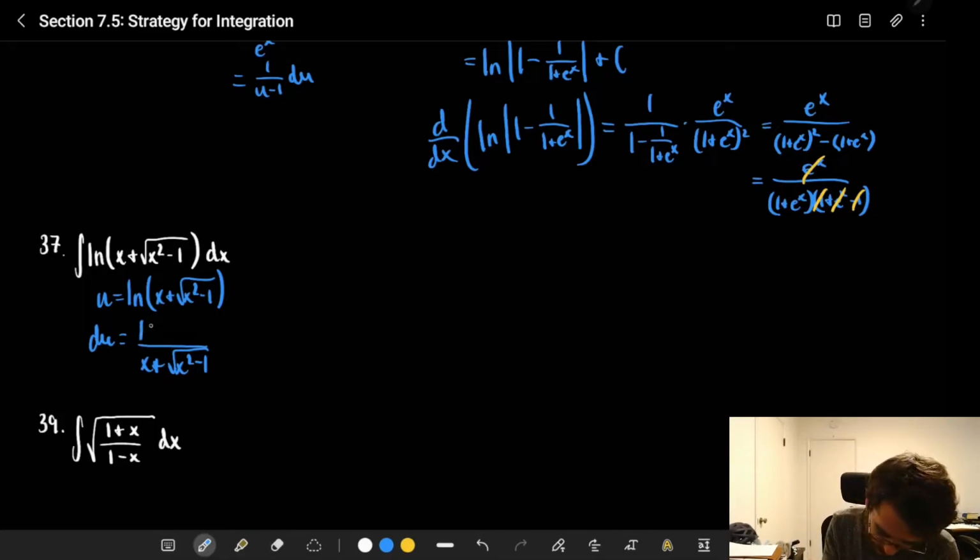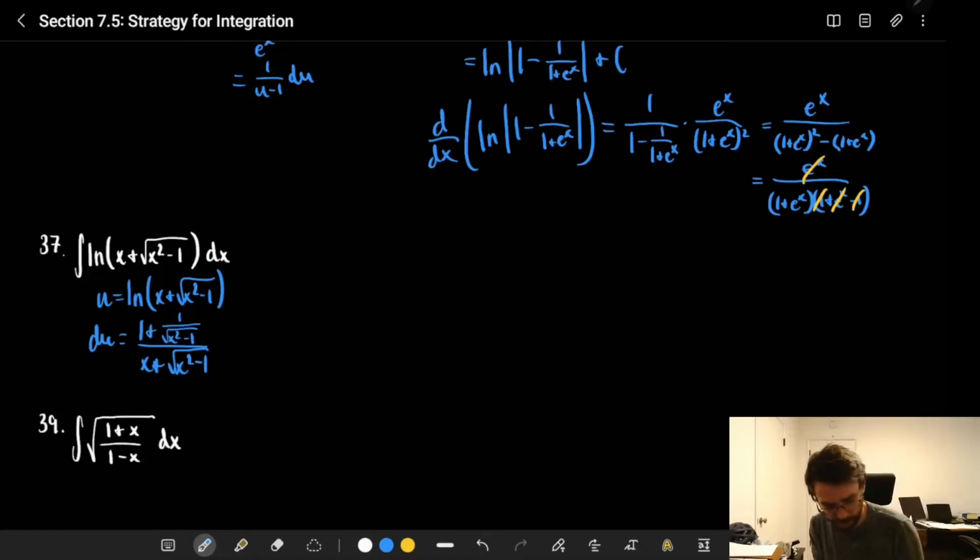Derivative is 1 plus... Oof. 1 over 2 times that square root times 2x. So I guess the 2's cancel. It's just 1 over that square root. Is that right? 1/2 comes down, put it in the bottom, times 2x. Oh, I missed the x. Okay.